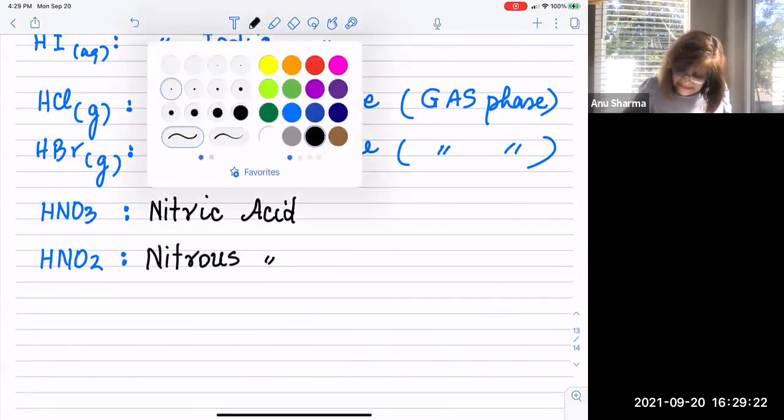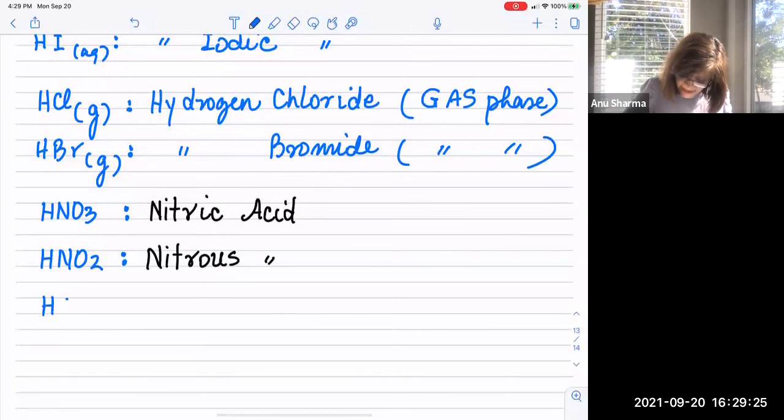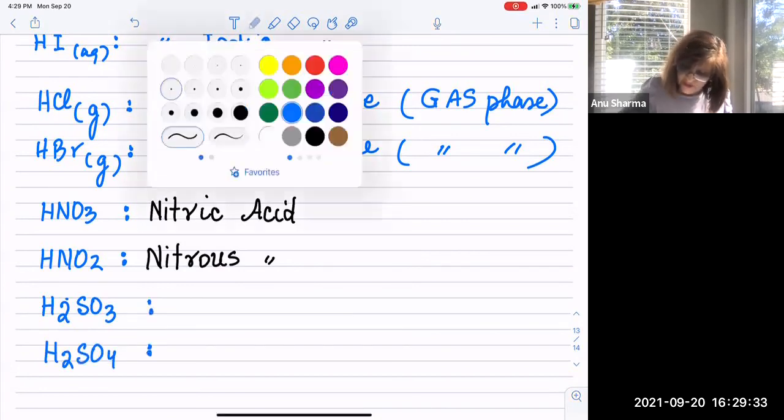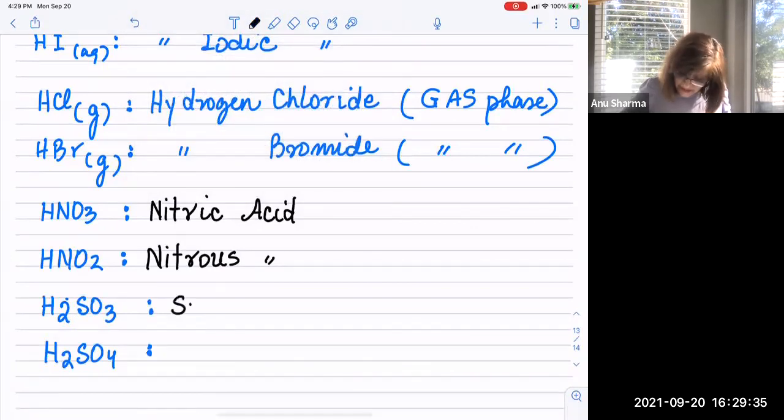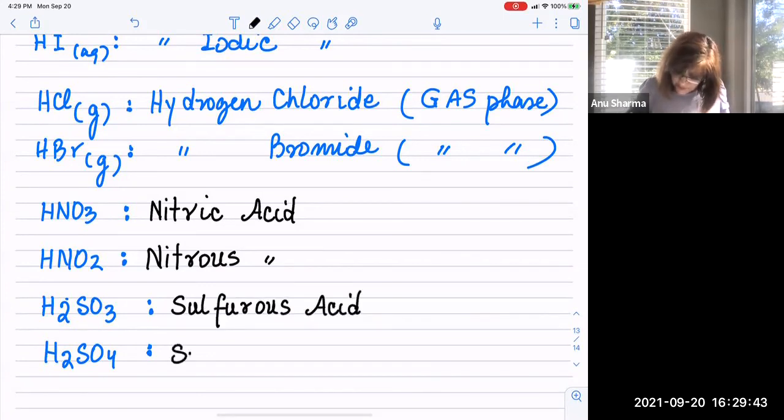Okay, next is, for example, H2SO3 versus H2SO4. H2SO3 is sulfurous acid, OUS. And this one is sulfuric acid.